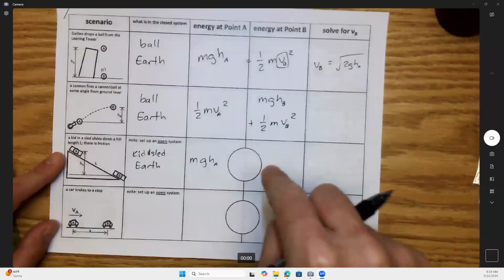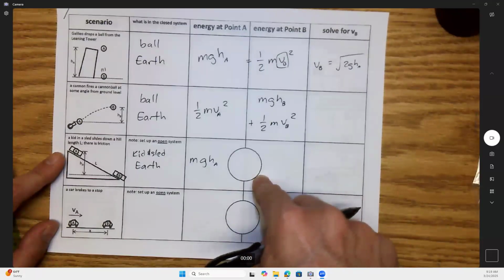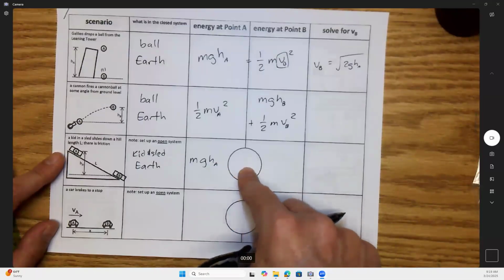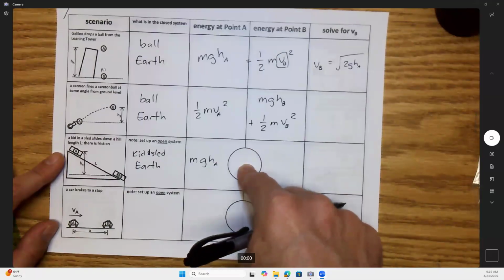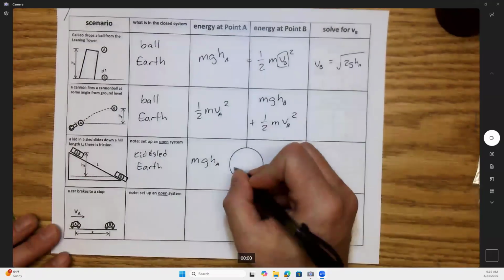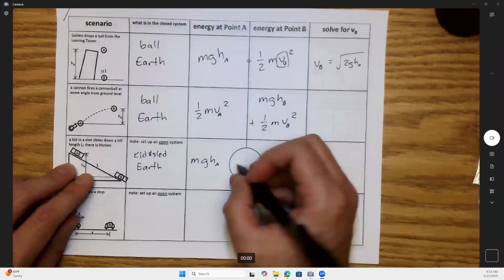Now, this is an updated version, one of the updates from a few minutes ago. Since this is an open system, you have to consider an energy change. This is going to be work done by friction. Is work done by friction going to be positive or negative? Negative, because it's taking energy out of the system. What is the formula for work for some force and some distance? Force times distance.